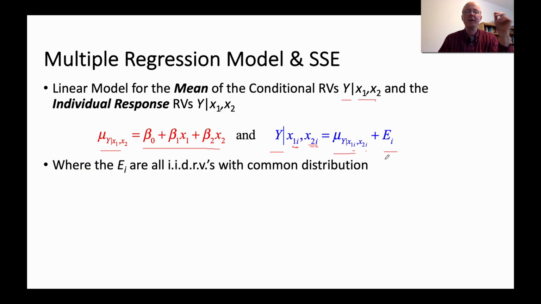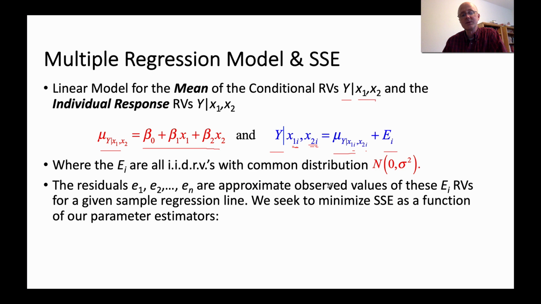Once again, E1 through En are all independent and identically distributed random variables with a normal distribution with a mean of 0 and some unknown positive variance sigma squared. We'd like to estimate sigma squared as well, and perhaps its standard deviation, which is called the regression standard error. Once again, the residuals, the little ei's, are approximate observed values of the capital Ei's, but with respect to a sample regression line instead of the population one.